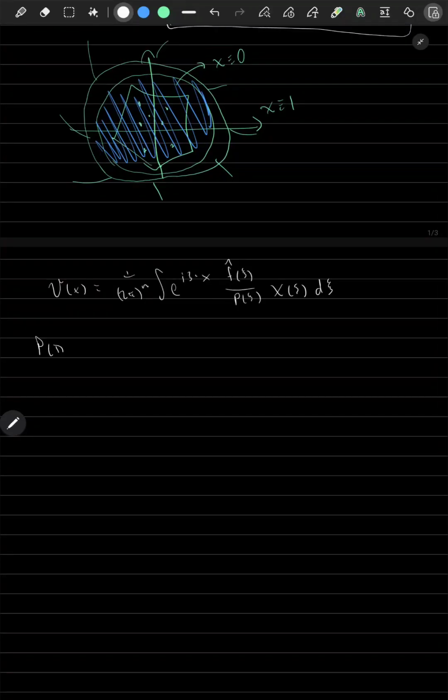If we were to apply P on v, how would we evaluate this? One strategy is to take the Fourier transform of all this, and then take the inverse Fourier transform later. So take the Fourier transform, and that will be P of xi times this.